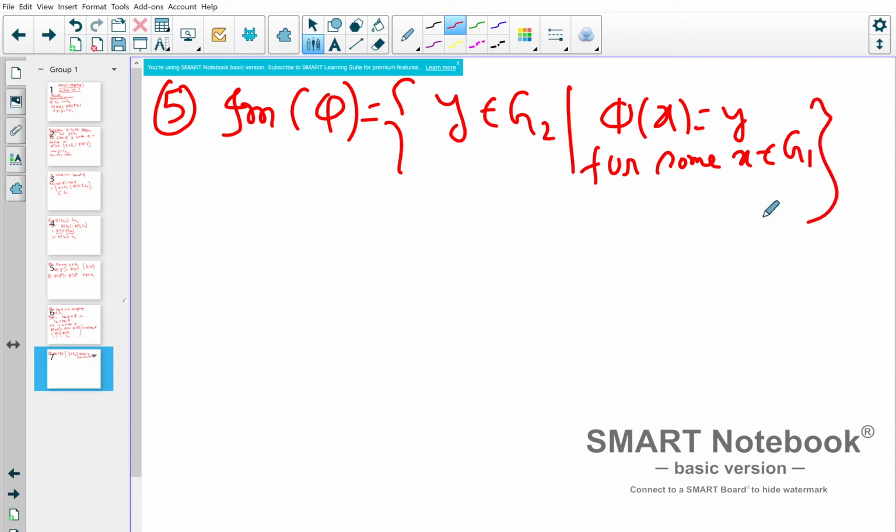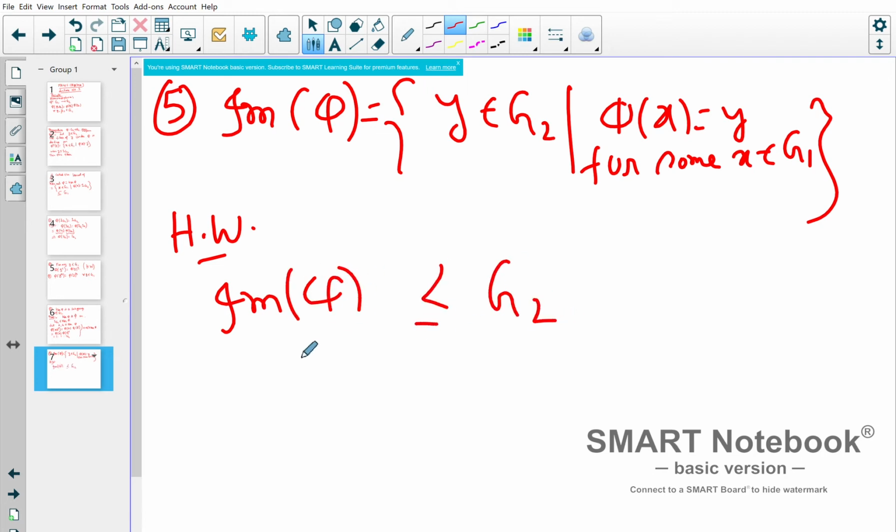So you collect all the points which come as the image of some points of G1. This is called the image, and again this is homework. You just show that the image is a subgroup of G2. It's a simple observation. You can easily prove these things.